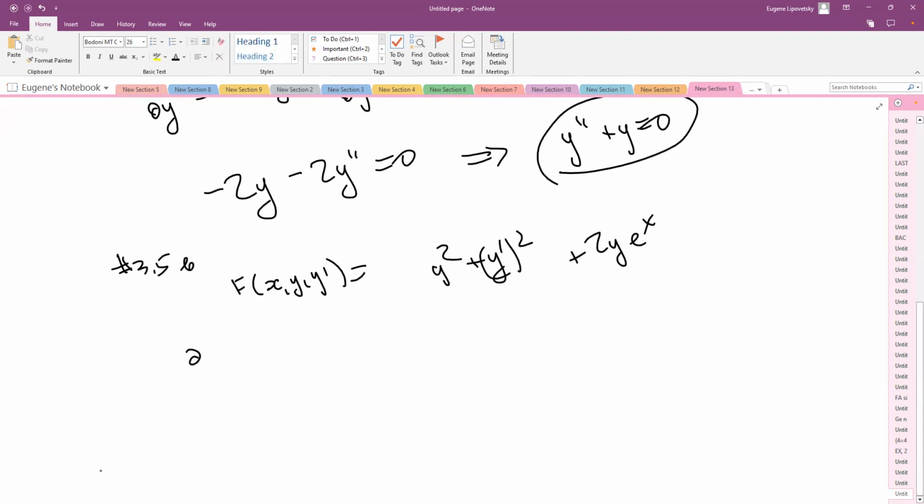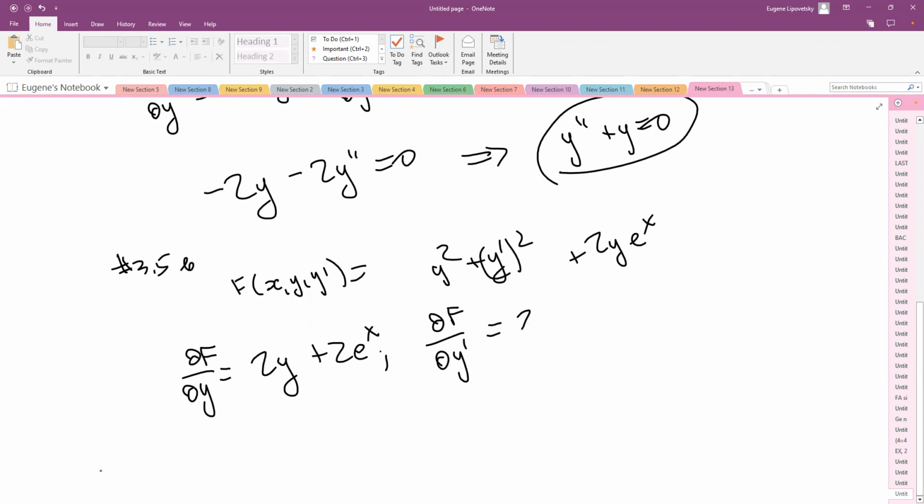So here df over dy equals 2y plus 2e to the x. df over dy prime equals 2y prime. d over dx of df over dy prime equals 2y double prime.